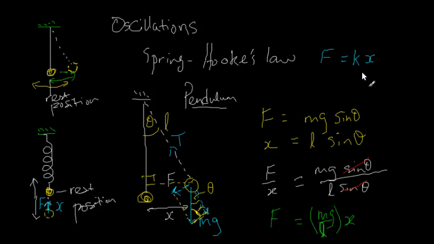The similarity is that in the two cases, the force is proportional to the displacement. If you remember what proportional means, the force is equal to x times a fixed number.